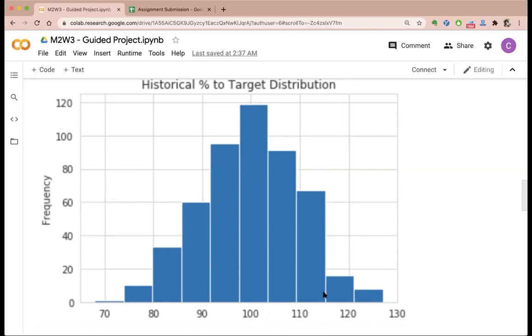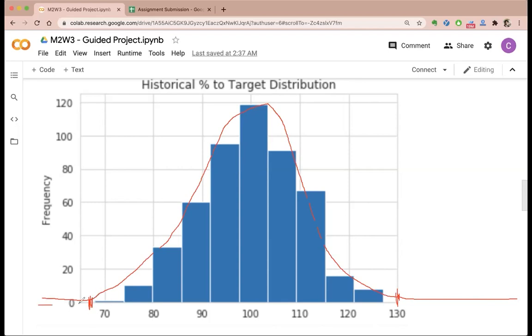This is how your normal distribution will look, right? Almost all the values lie between these two ends.